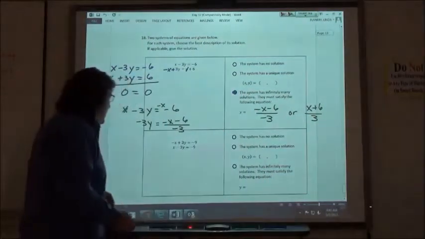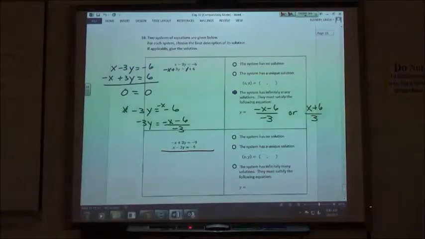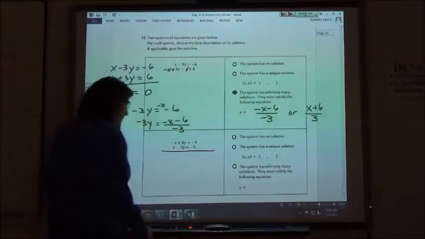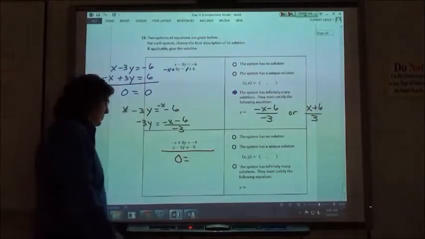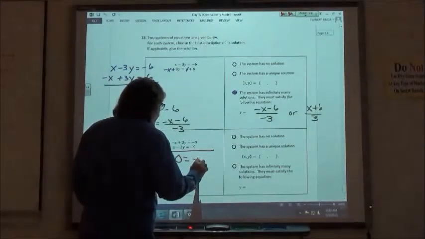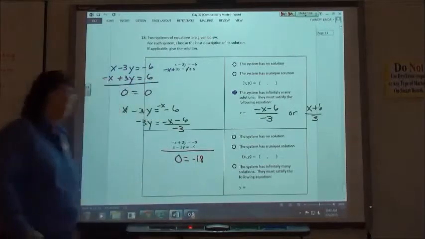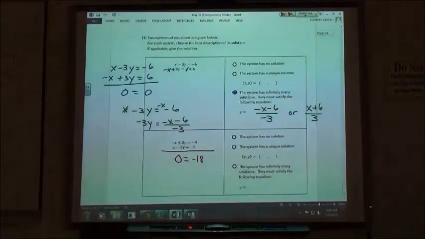All right, one last one here. If I add those two equations together, what am I going to get? That one's going to cancel out, and then this one is going to be negative 18. So 0 equals negative 18. If I get 0 equals negative 18, which choice is my answer?